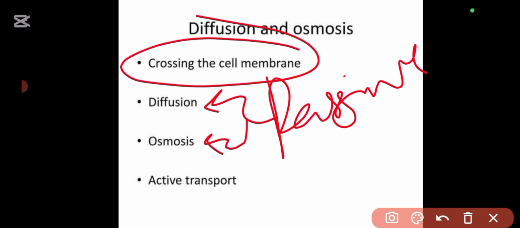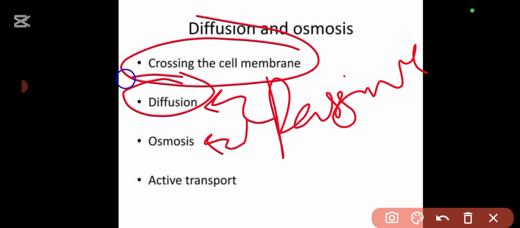Okay. So now, before I go to the definition, which usually confuses you, first know that we define diffusion with respect to solutes or ions or molecules or salts that are in an environment, say in the cell or outside of the cell.